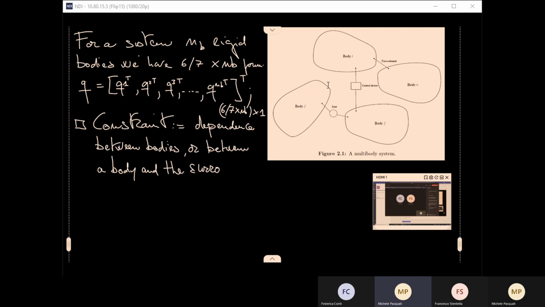So position vectors, velocities, forces are all column vectors. Nothing forbids you from treating them as rows, but it is just a typical choice. You can actually have a dual formulation in which everything is treated as rows. Yeah, you can do that.